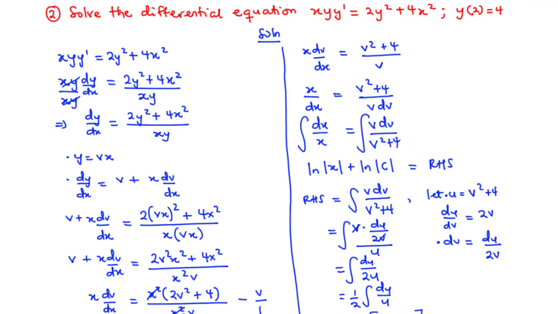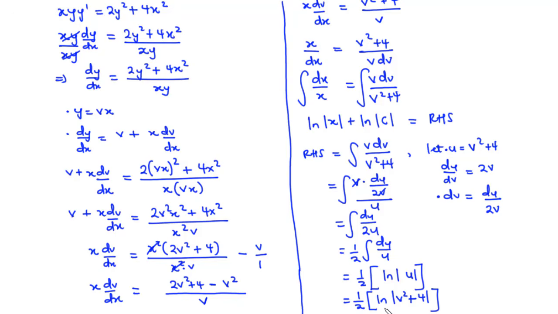Okay, so we are going to have ln of absolute value of x plus ln of absolute value of c equals 1 over 2 times ln of absolute value of v squared plus 4.